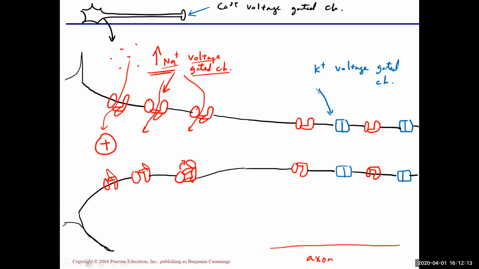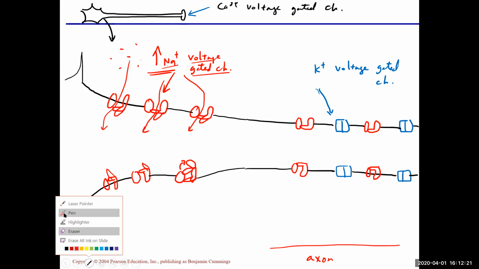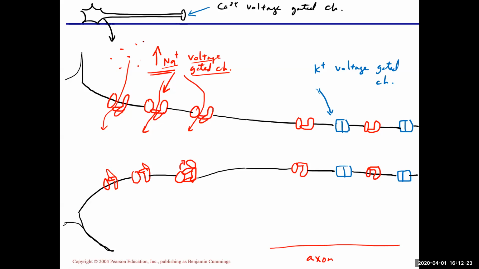Now let's analyze why sodium is coming inside to begin with. Earlier we mentioned that outside you have higher positive ions, and inside, due to the three reasons that we discussed, it is negatively charged. Positive and negative attract one another.